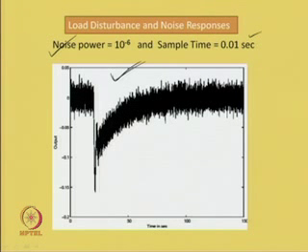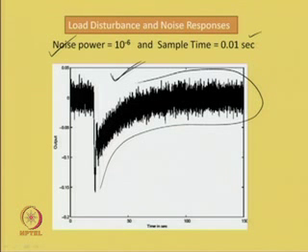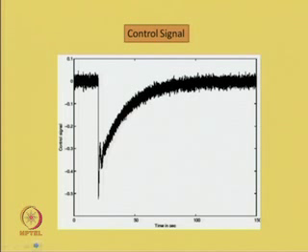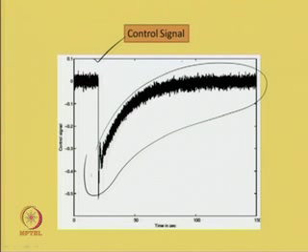Now, it is very much noisy. Not only is the response sluggish, the output is very much noisy, and it is very difficult to find out the exact output from the system unless some filtering is used. Similarly, the control signal can also be plotted and seen to be of this form, where we have got the effect of noise and the control effort is very high.